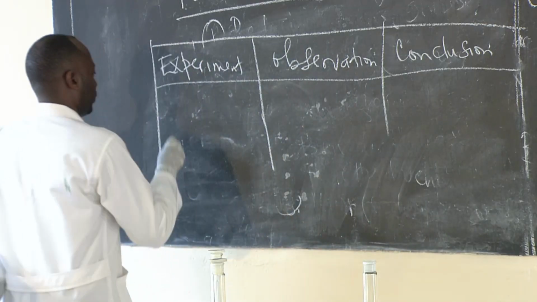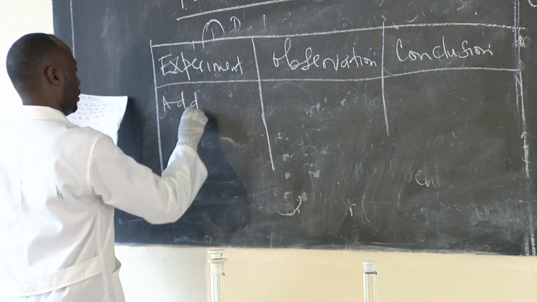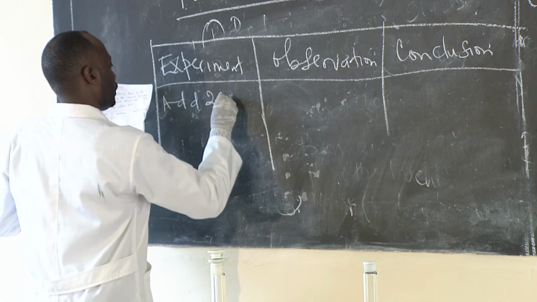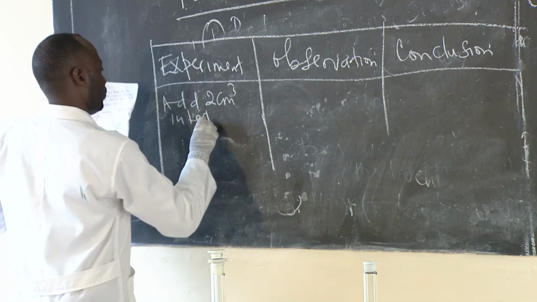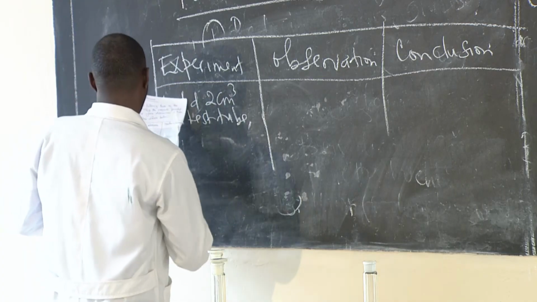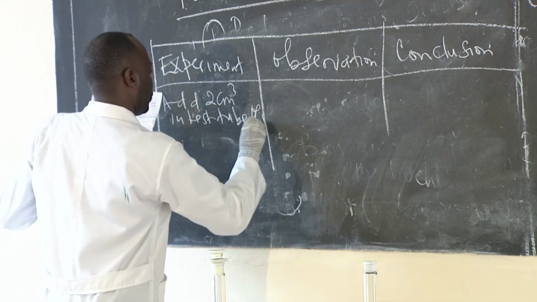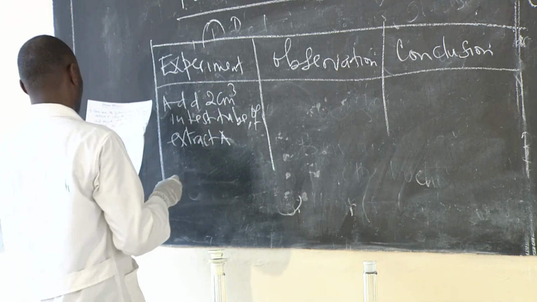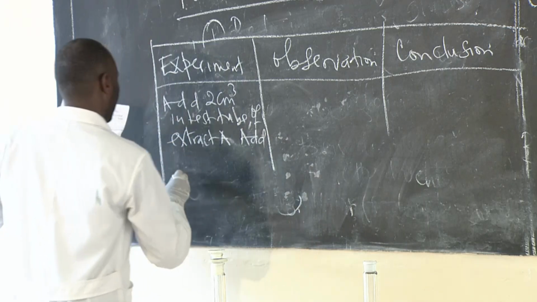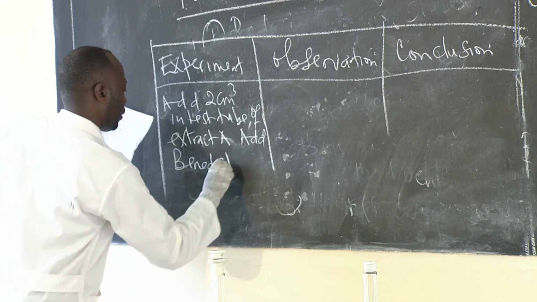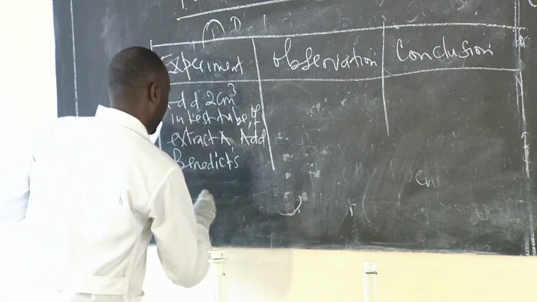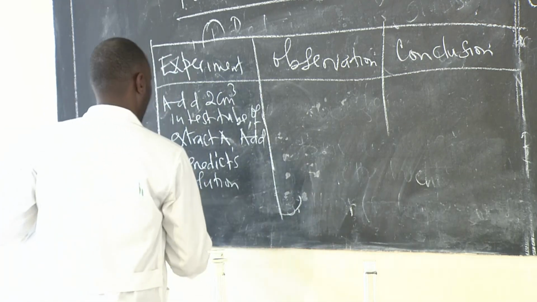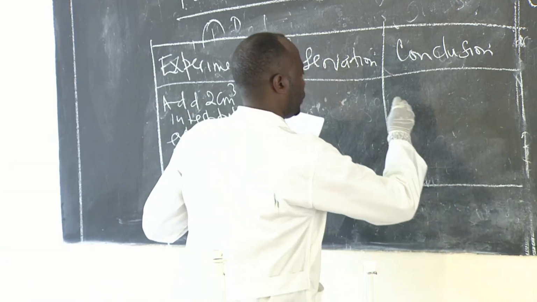Then you say add 2 centimeters cubed in the test tube of extract A, add Benedict's solution, and then you make the observation and the conclusion.